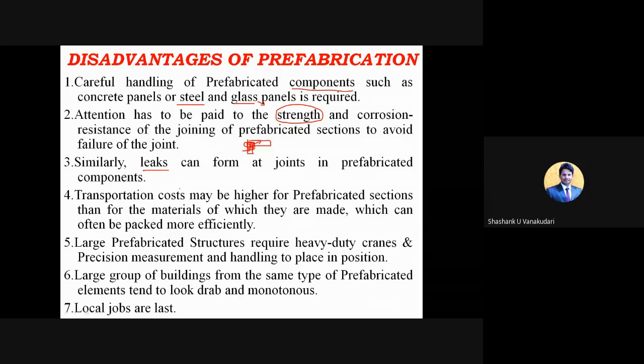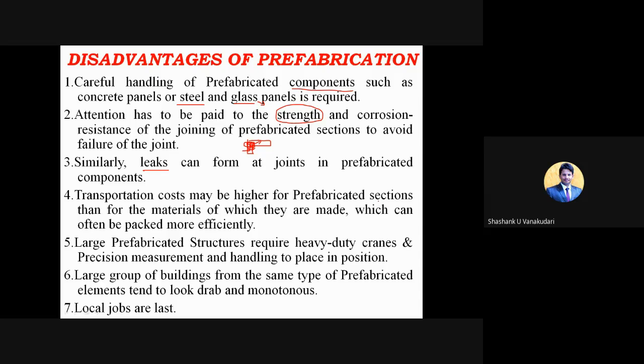And then transportation cost may be higher for prefabricated sections, because we cannot say that the distance between the manufacturing site and the construction site is nearby. However, when we are choosing the prefabrication concept where the conventional method is not feasible, it is still more difficult to place the entire structural members.